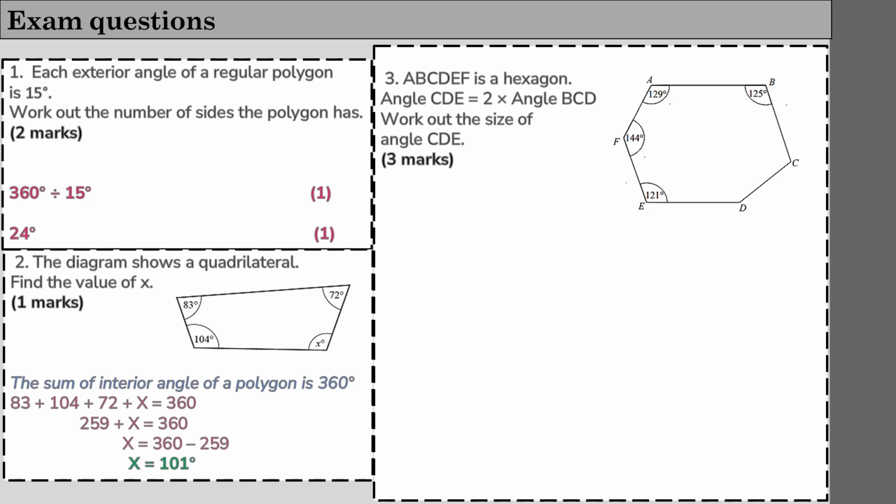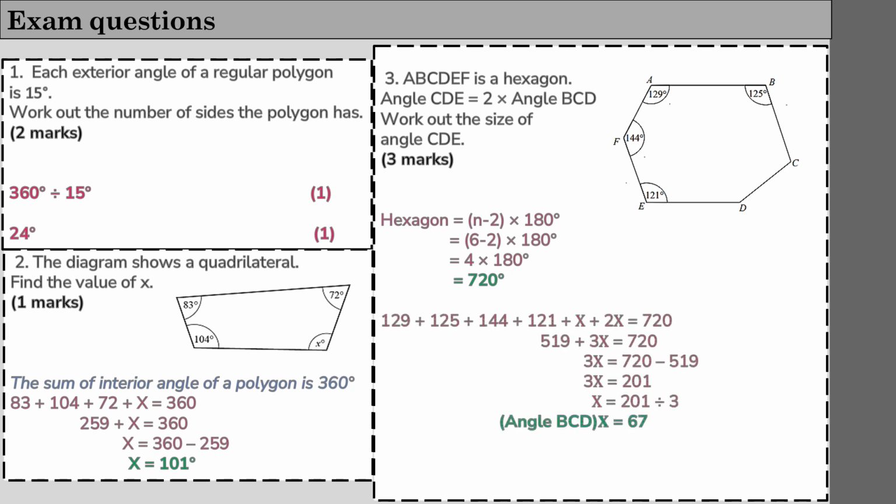So how am I going to do my workout? First, I have to find the sum of the interior angles. I'll use my formula and figure out the sum of the interior angles of a hexagon, which is 720 degrees. Now I will find the size of the angle CDE by doing the calculation like this.